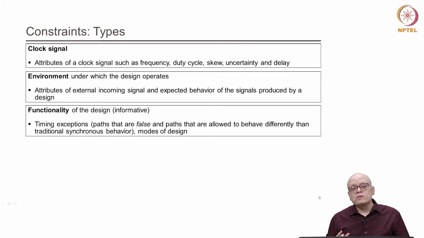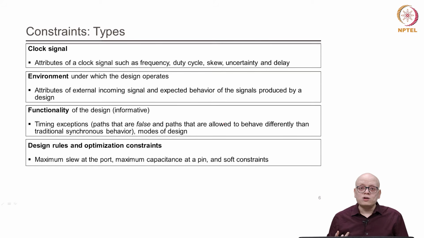The third type of constraints is related to the functionality of our design, and these are informative constraints. For example, there could be timing exceptions where we do not want the normal STA analysis to be done, but in some different manner. What that different manner is, we will see in subsequent slides. Or we can inform the tool which mode of our design a given constraint is valid for, and so on.